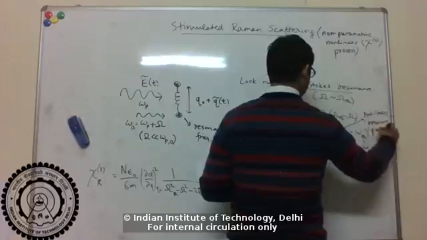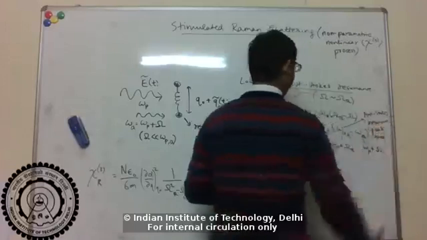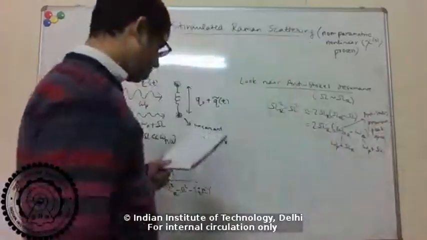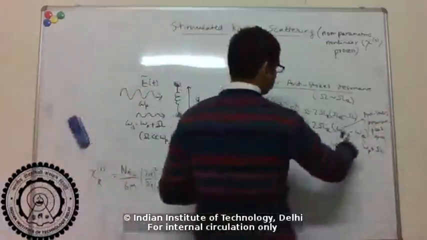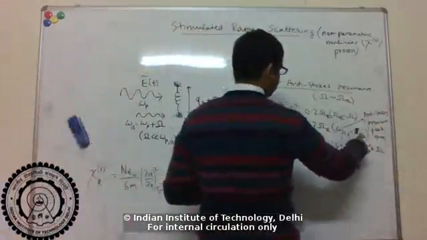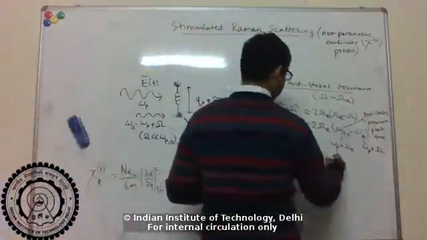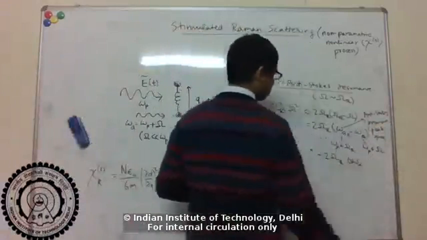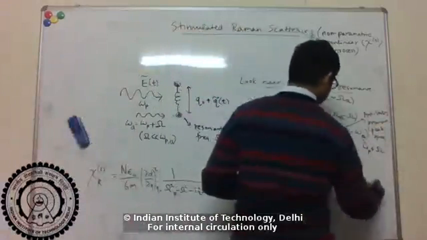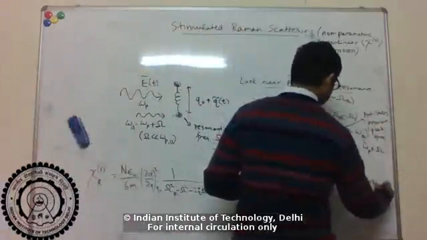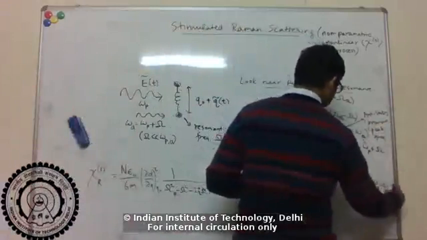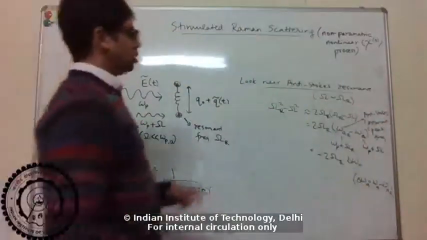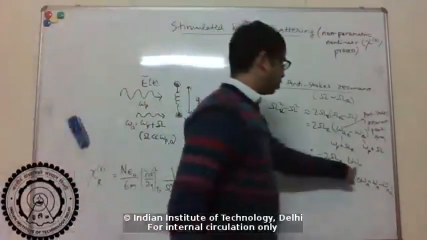Or peak. Okay, so omega AR minus omega A is minus delta omega A. So delta omega A is the detuning from the resonance, which is omega A minus omega AR. So we get a minus sign here compared to the Stokes.